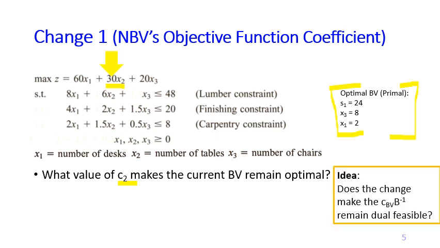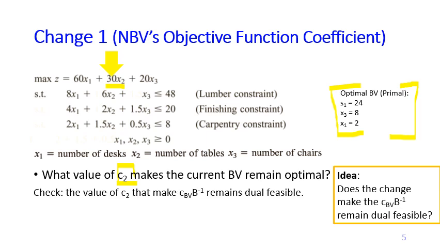Again, the idea in duality is that we check whether the change keeps the CBVB inverse dual feasible or not. What values of C2 keep the CBVB inverse dual feasible, and what values of C2 will make CBVB inverse not dual feasible anymore?